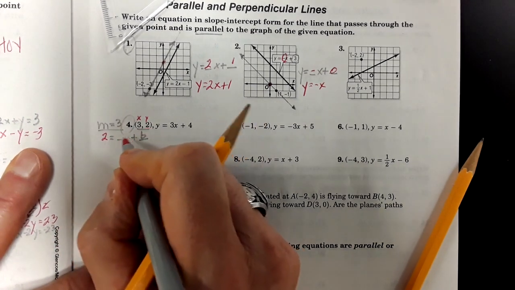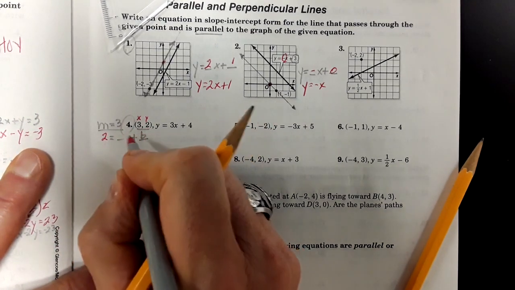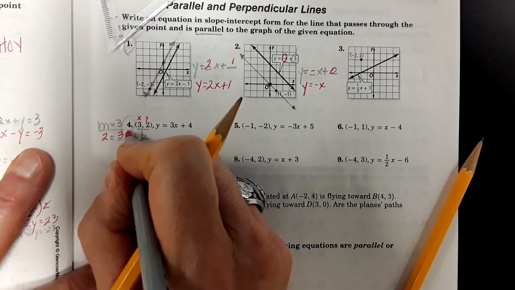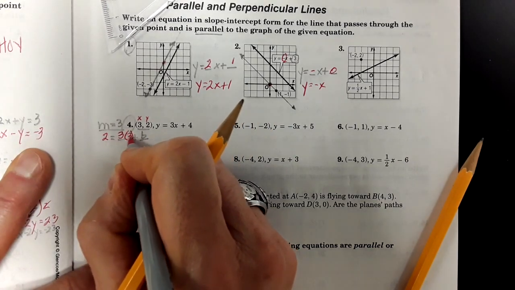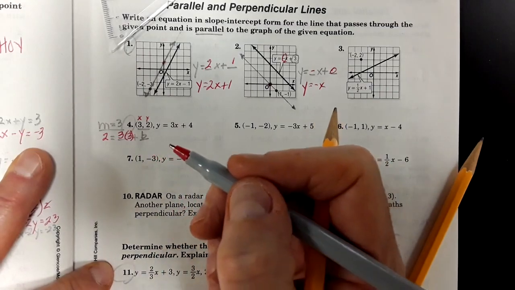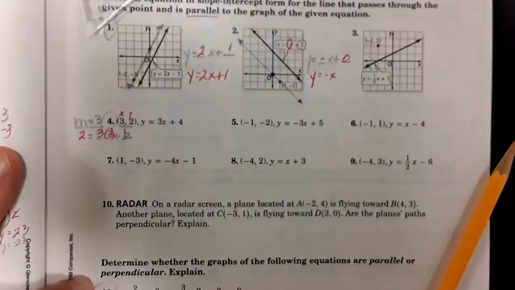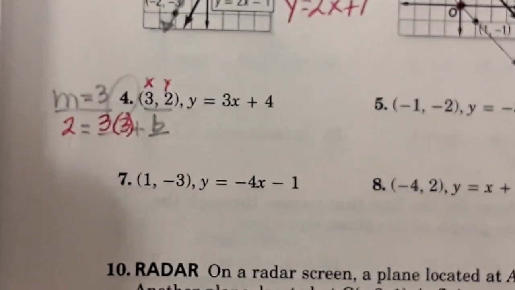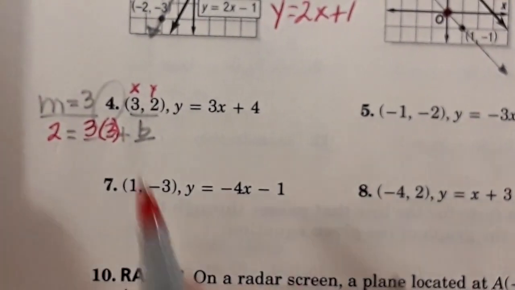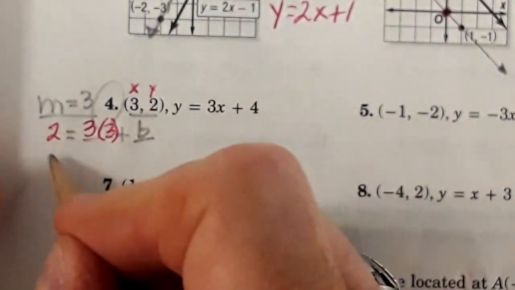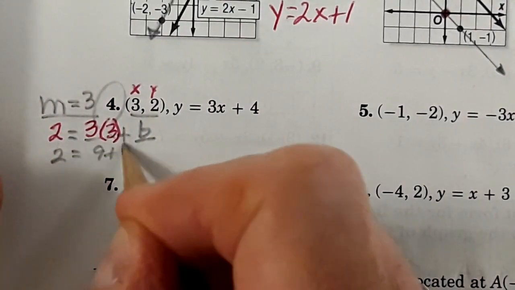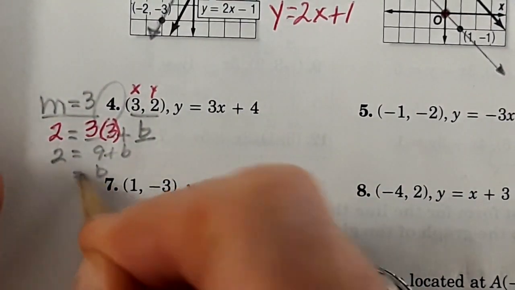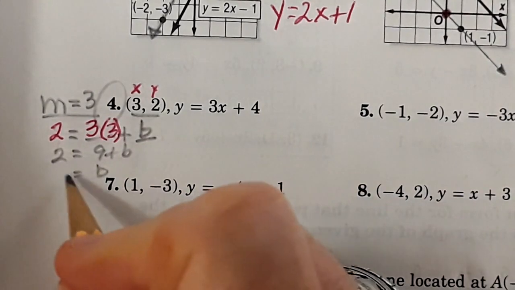So 2 equals 3 times x, which is 3. Does everybody follow me? Do you need me to move it in more? Is that better? And now we have to solve for b. So we get 2 equals 9 plus b, subtract 9, and b equals what? What's b?